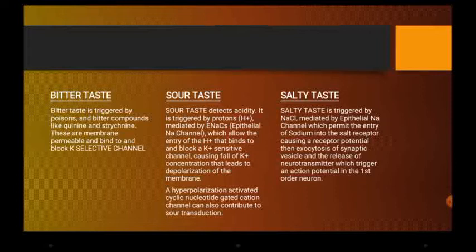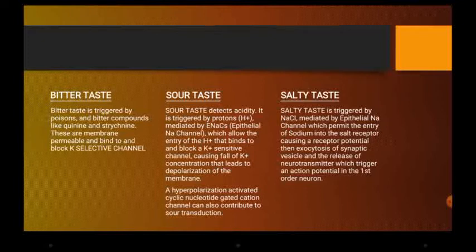So from these first order neurons, the taste fibers from these three nerves unite together in the nucleus of tractus solitarius, which is found where? It is found in the medulla oblongata.